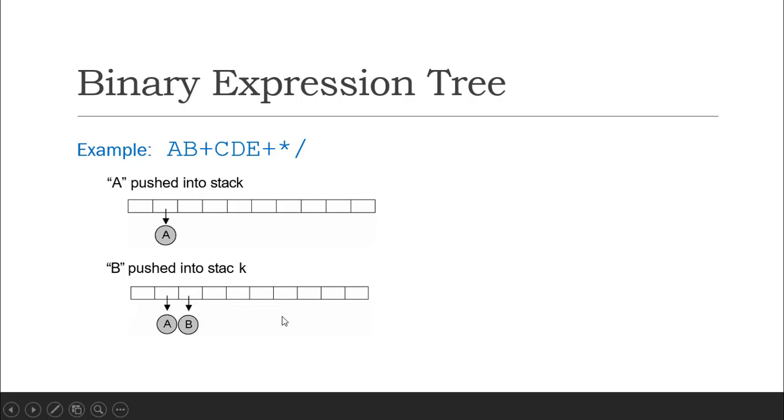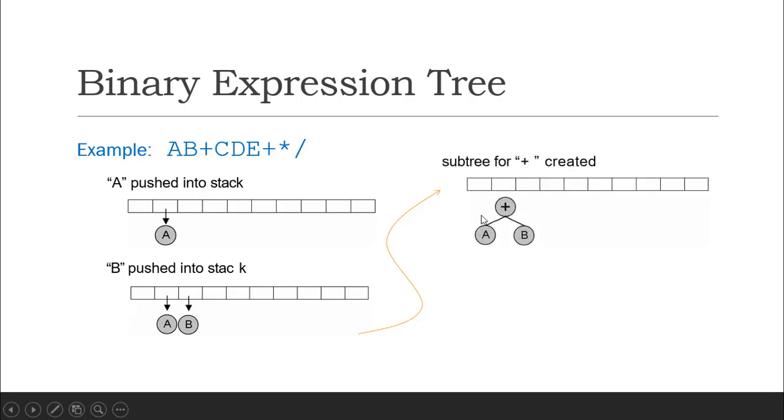Next, we have an operator. If you encounter an operator, all you have to do is create a subtree, so we have a subtree for plus created. The figure now would be this one. Next, you have to read the next symbols in your postfix expression.